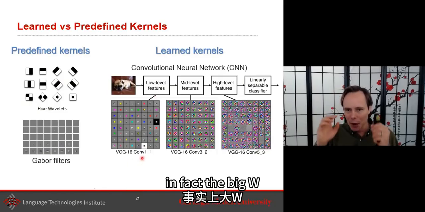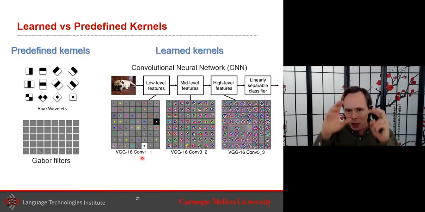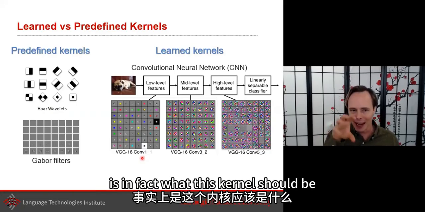In fact, the big W, if you remember in a linear classifier or a neuron, what will be learned in that W is in fact what this kernel should be.